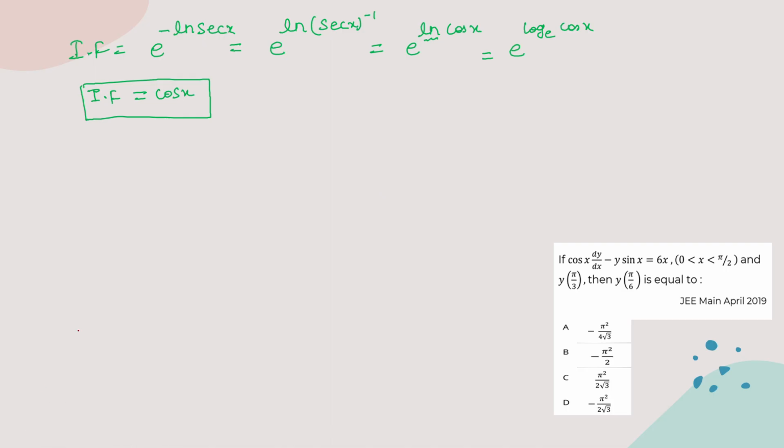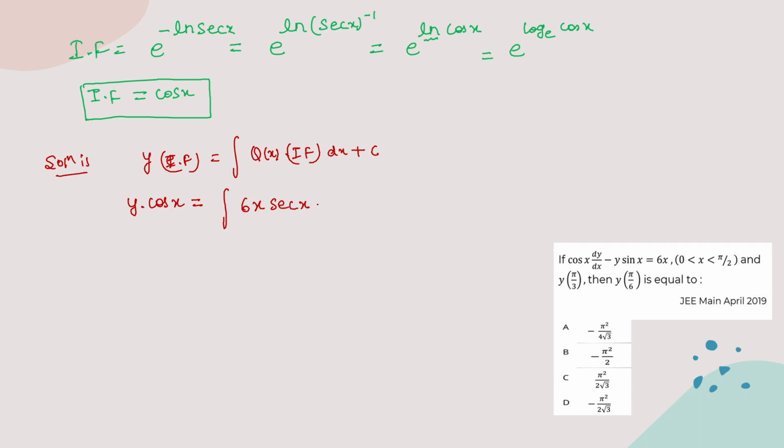Okay. Now let's write the solution of this. So solution is y into integrating factor is equal to integration of q of x into integrating factor into dx plus c. So y into cos x is equal to q of x was 6x into sec x, and integrating factor is cos x, into dx plus c.